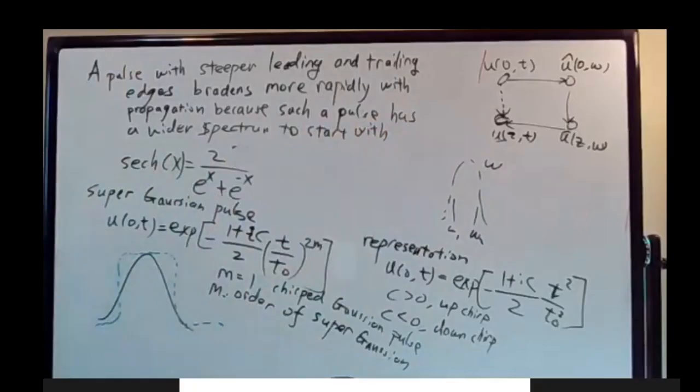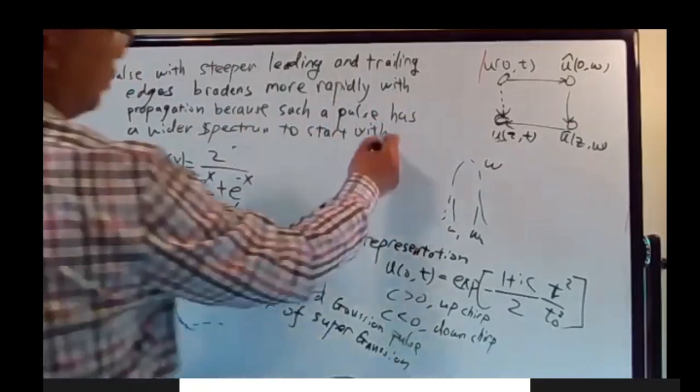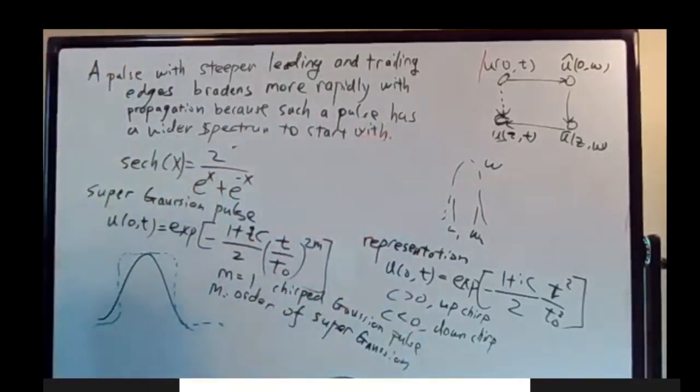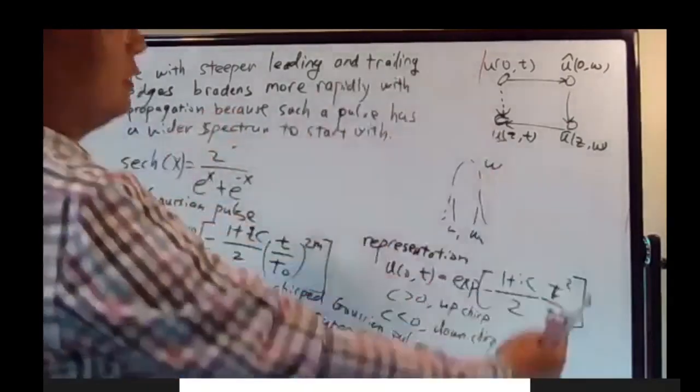A pulse with steeper leading and trailing edges broadens more rapidly with propagation, because such a pulse has a wider spectrum to start with. Right? Why? The same thing, they have a broad spectrum.